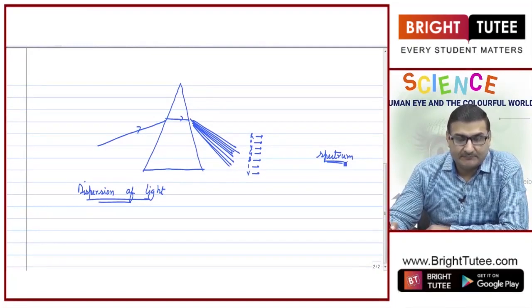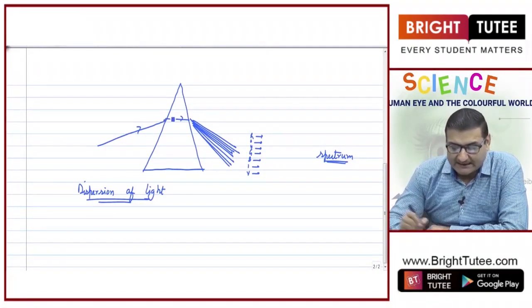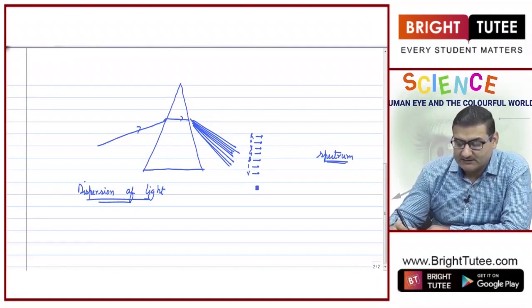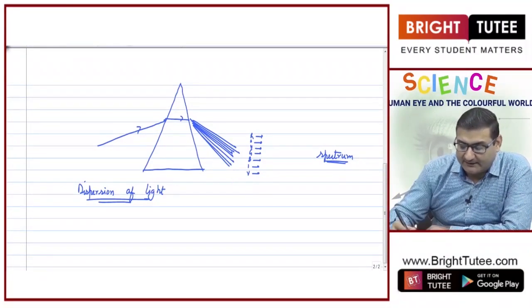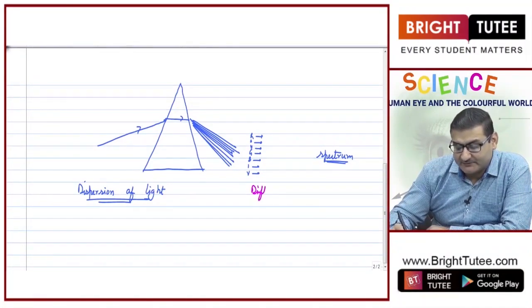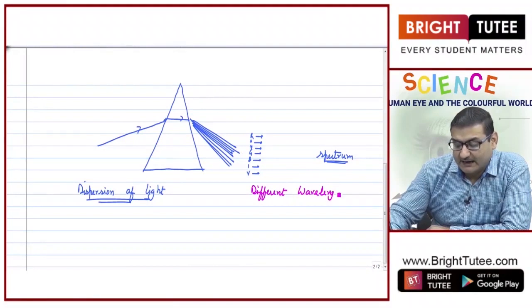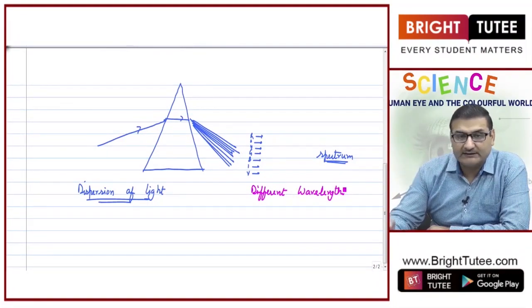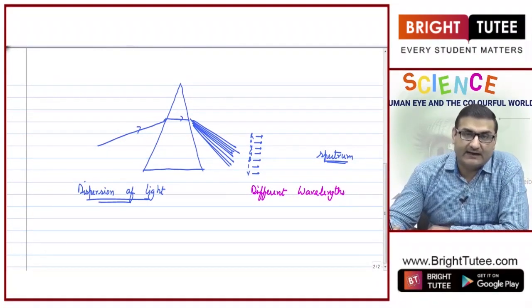It happens because white light consists of these 7 colors which all have different wavelengths, and because of these different wavelengths they are scattered or bent at different angles.